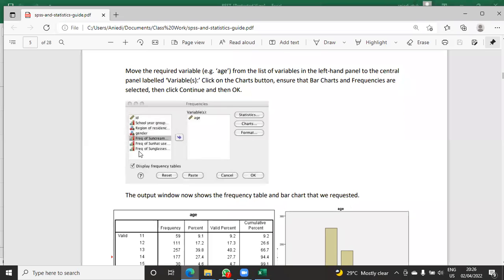They had frequency of sunscreen, frequency of sun art, frequency of sunglasses, grouped according to the research they were doing. Probably they were checking how people use things to protect themselves from the sun.